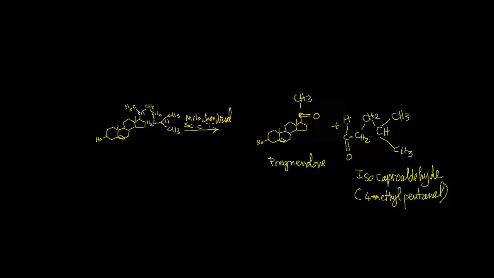This reaction takes place in the mitochondria and is irreversible and is an oxidation reaction. So we need oxygen, and also we need NADPH as a source of electrons. And there are some intermediary enzymes and molecules.